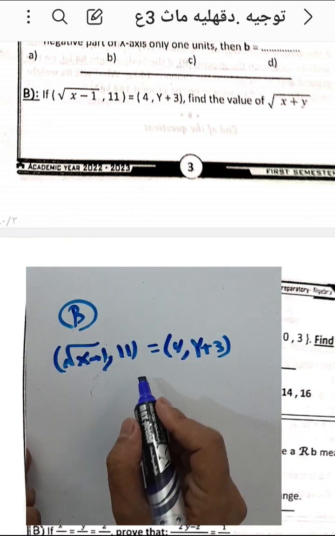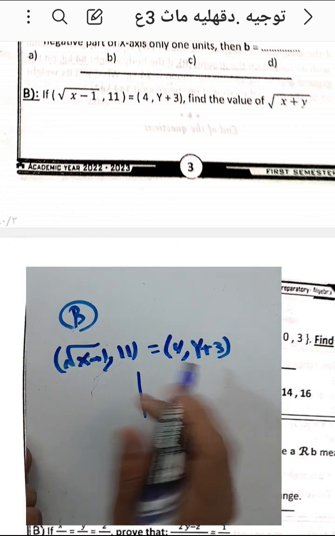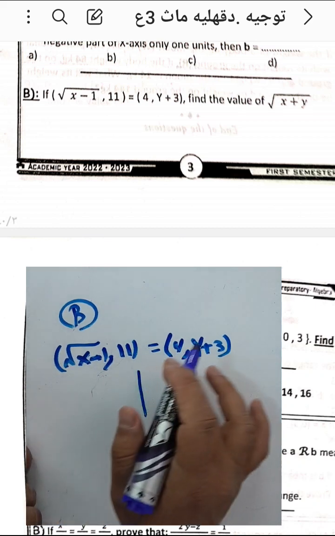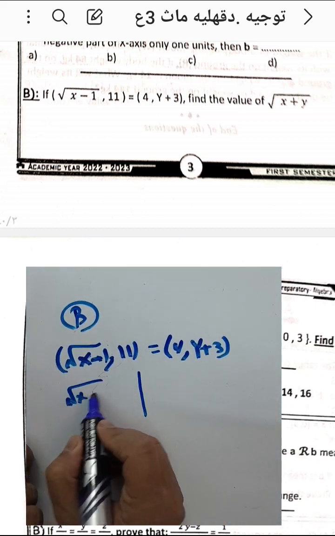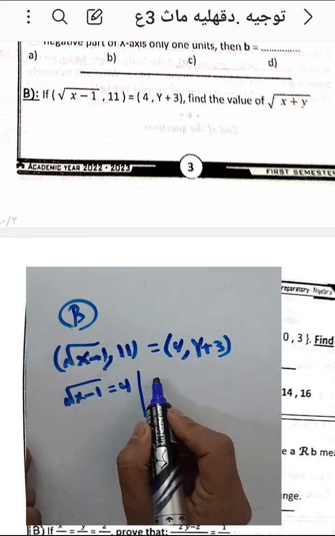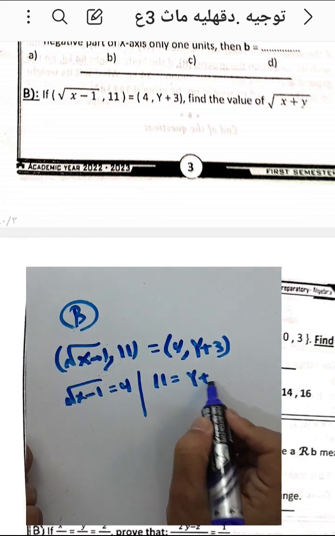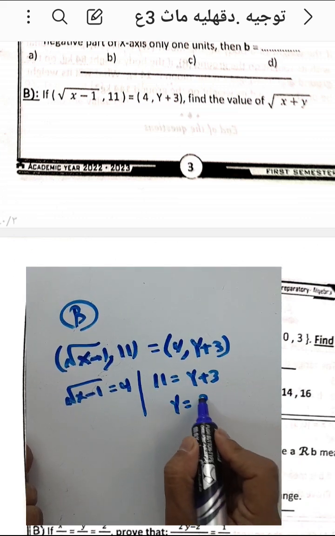First we can find the value of x and y. We know first projection here, square root of x minus 1, equals 4, and 11 equal y plus 3, then y will be 8.